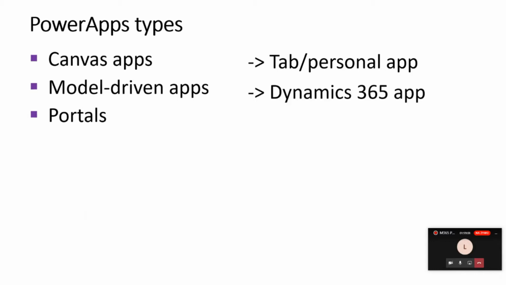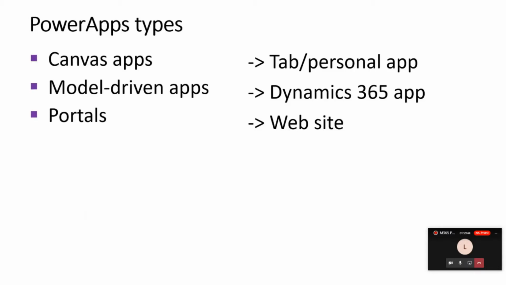For model-driven apps, there's a dedicated Dynamics 365 app, so you can use this app and load the PowerApp. And for portals, we can use only the website app in Teams. In this session today, I will focus only on Canvas apps. And for Canvas apps, I won't touch SharePoint Online forms because they are dedicated only to SharePoint Online, and it's simply easy.